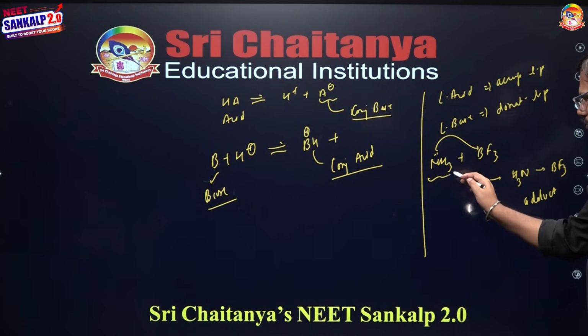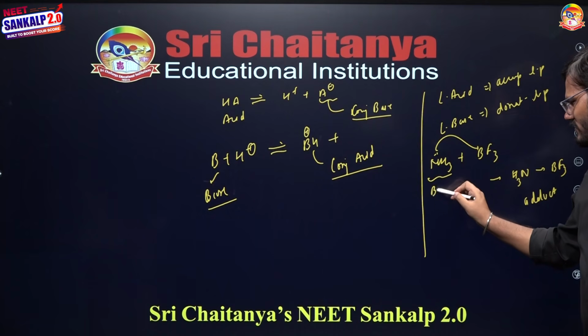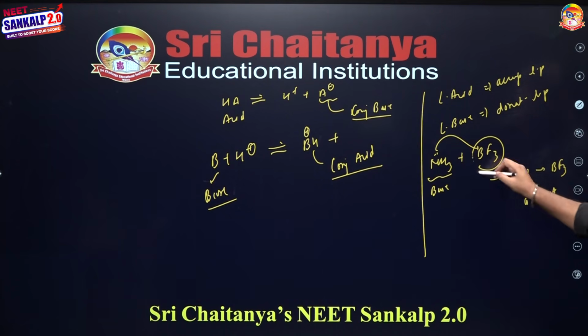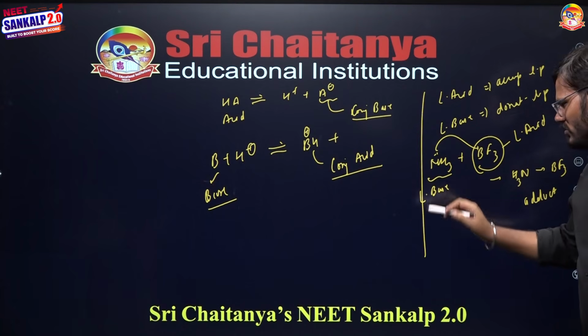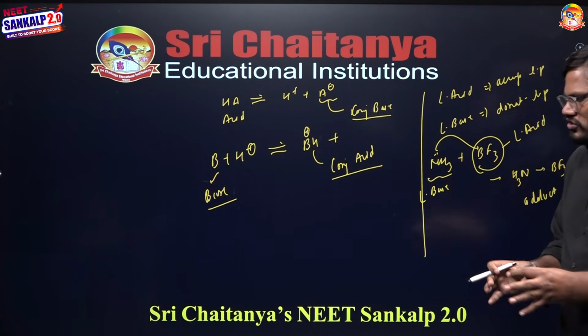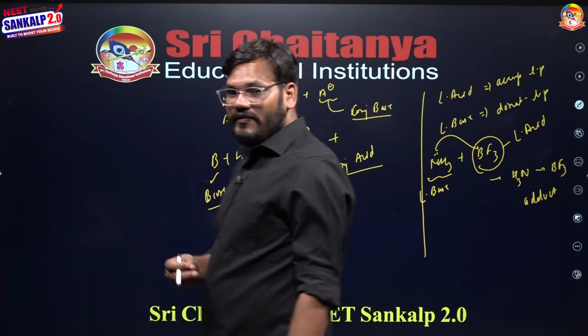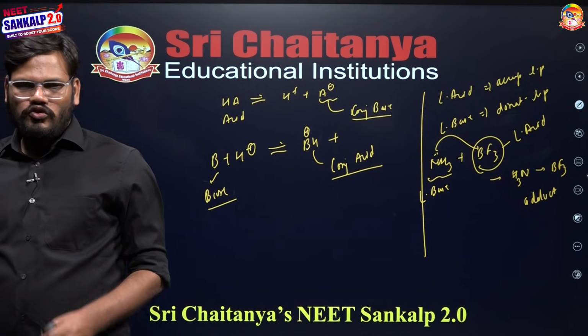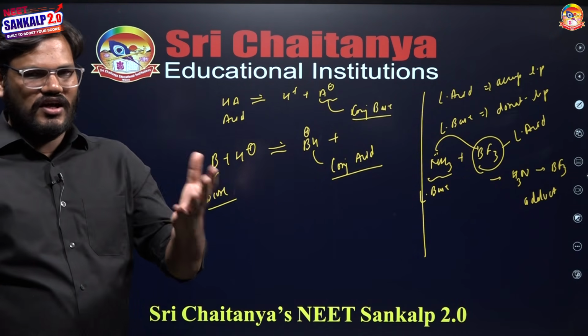So NH3 will be known as Lewis base, and BF3 will be known as Lewis acid. These are the theories, and mostly in ionic equilibrium we will be taking water as solvent. So mostly our problems will be related to Arrhenius acids and Arrhenius bases.